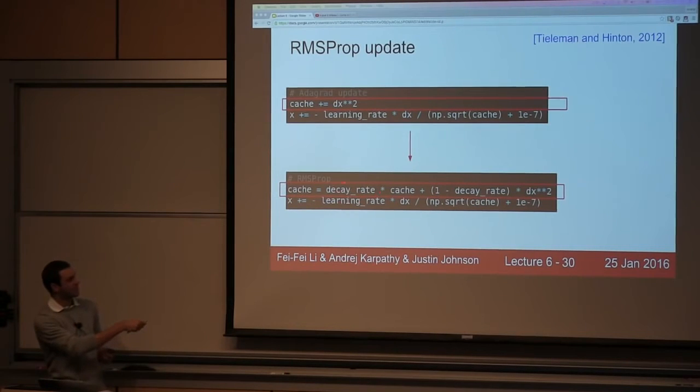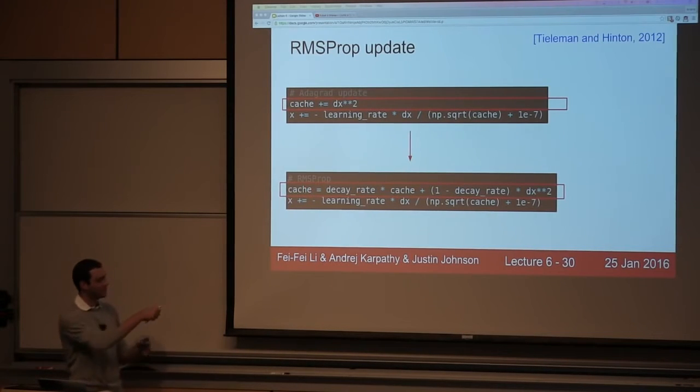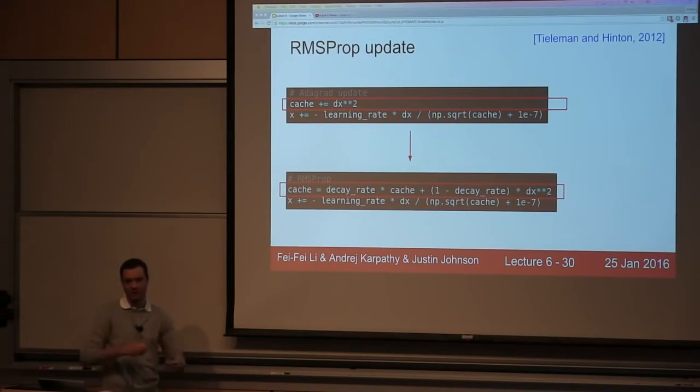So instead we end up with this decay rate hyperparameter, which we set to something like 0.99 usually. And then what you're doing is you're accumulating the sum of squares, but the sum of squares is leaking slowly with this decay rate. Okay? So we still maintain this nice effect of equalizing the step sizes in steep or shallow directions, but we're not going to just converge completely to 0 updates.